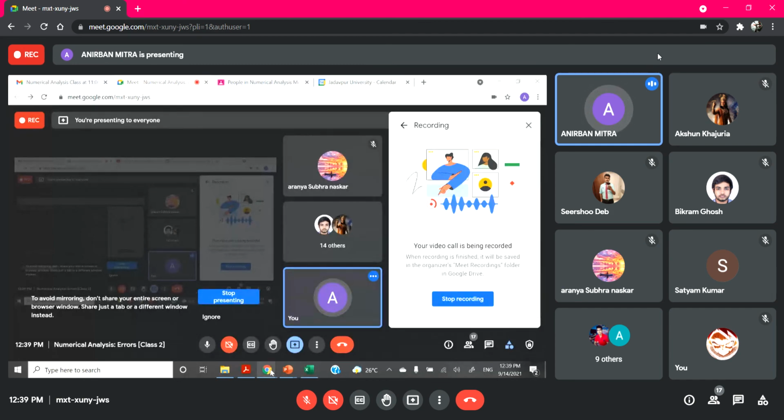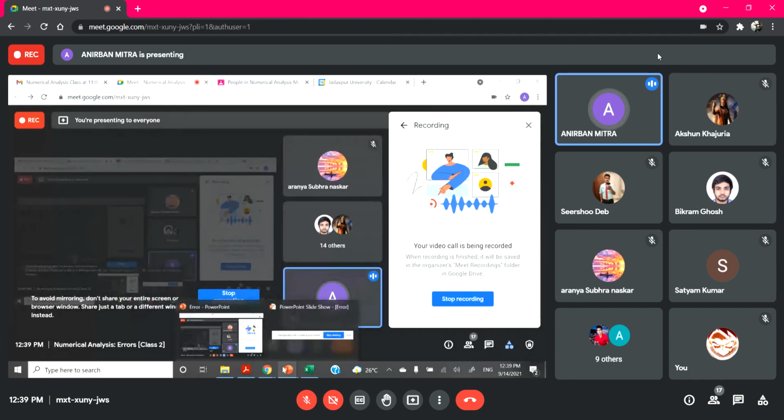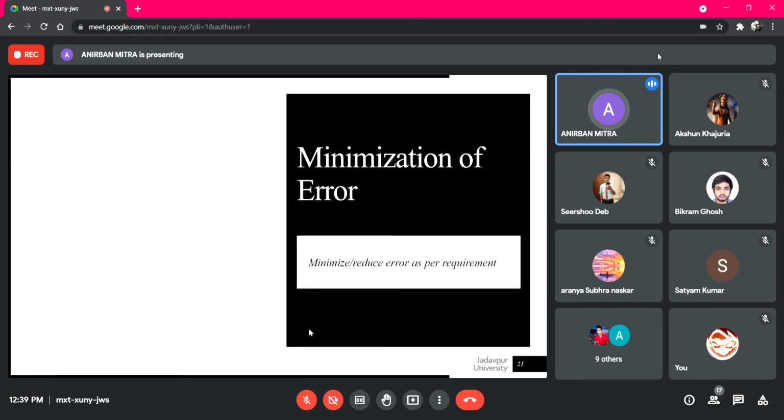Anyway, let us now concentrate on the final part. We are almost at the end. The final part of this presentation is minimization of error. How do you reduce errors that you obtain in a numerical procedure?